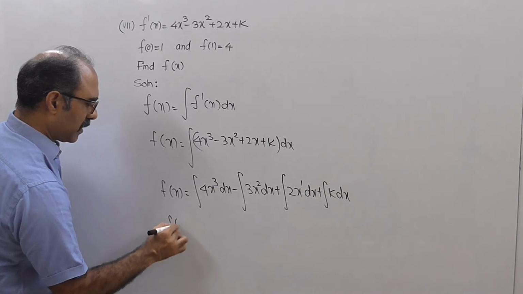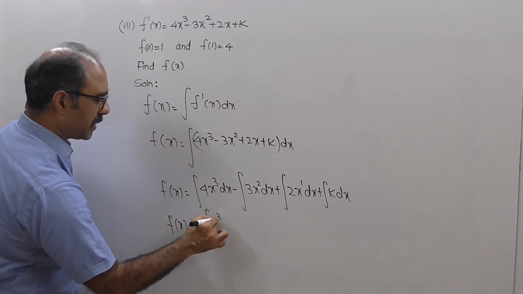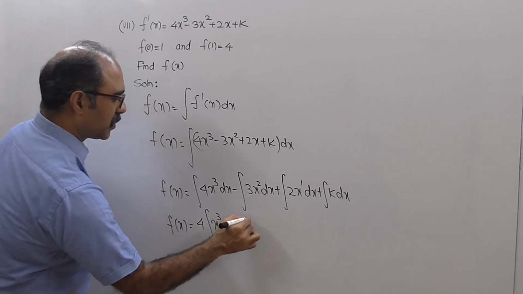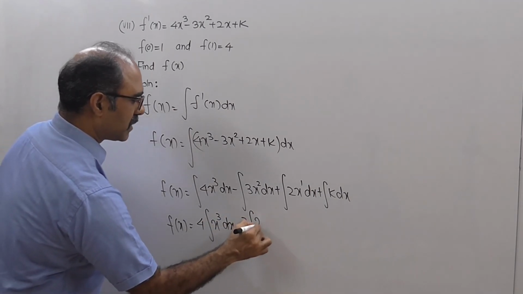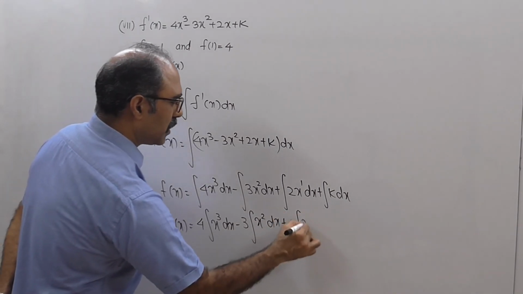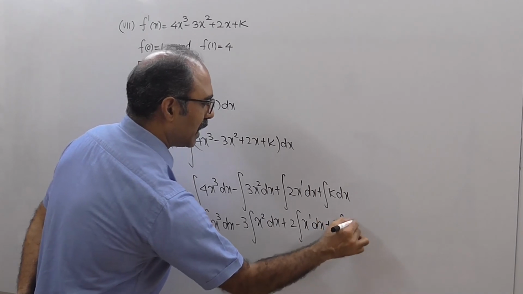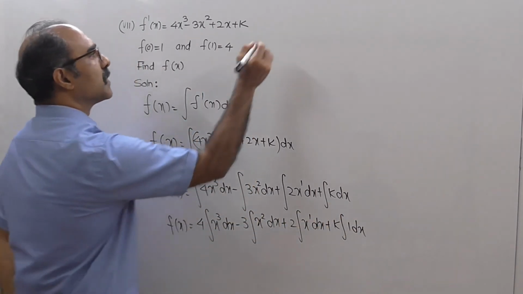So my f of x will be 4 integration x raised to 3 dx minus 3 integration x square dx plus 2 integration x raised to 1 dx plus k integration 1 dx.